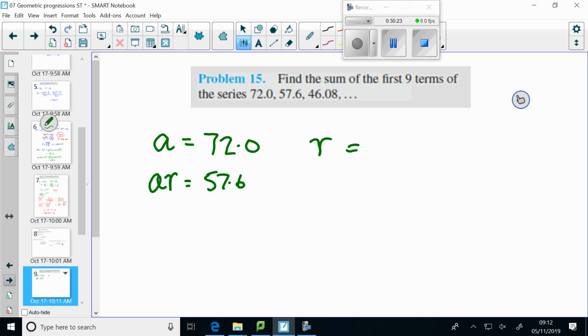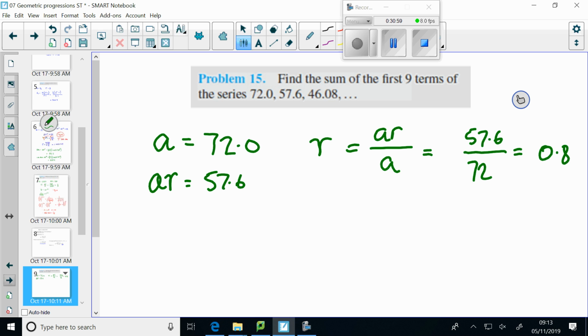If we do that, we can do AR over A: 57.6 divided by 72 equals 0.8.